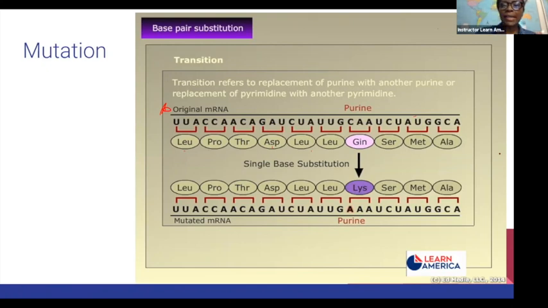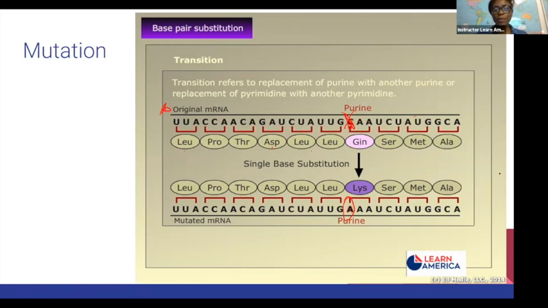What it's saying is, if this C, cytosine, mutated and changed into an A, we know that CAA originally codes for a particular amino acid. But if it's changed to AAA, it will change the type of amino acid that's made, which will then change the protein that's produced.